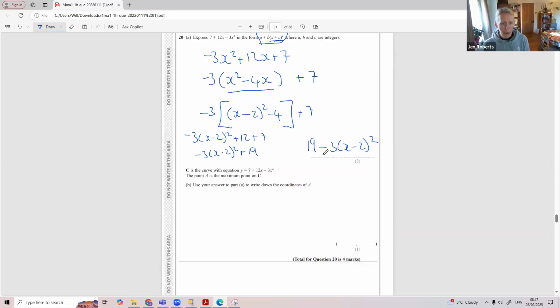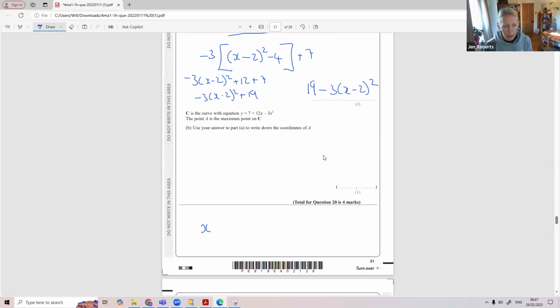When you've got something in the completed the square form, it tells you the minimum part of your curve. So let's say we had something like this. That minimum point of your curve, I know from this would be at minus 4, minus 3. So because it's always the opposite sign of this, and then this coordinate here.